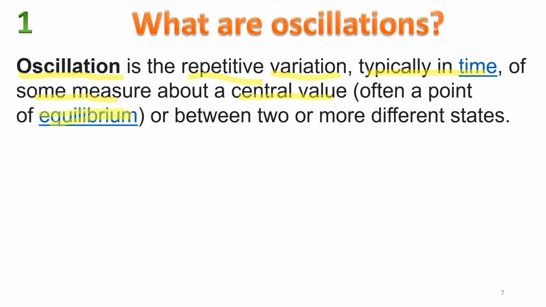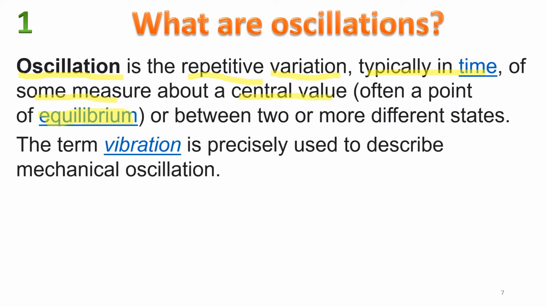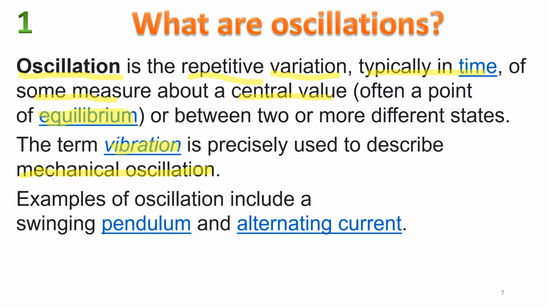So the central position I'm going to call equilibrium, or between two or more different states. The term vibration is precisely used to describe mechanical oscillations, and the examples are a swinging pendulum, alternating current, and so on.